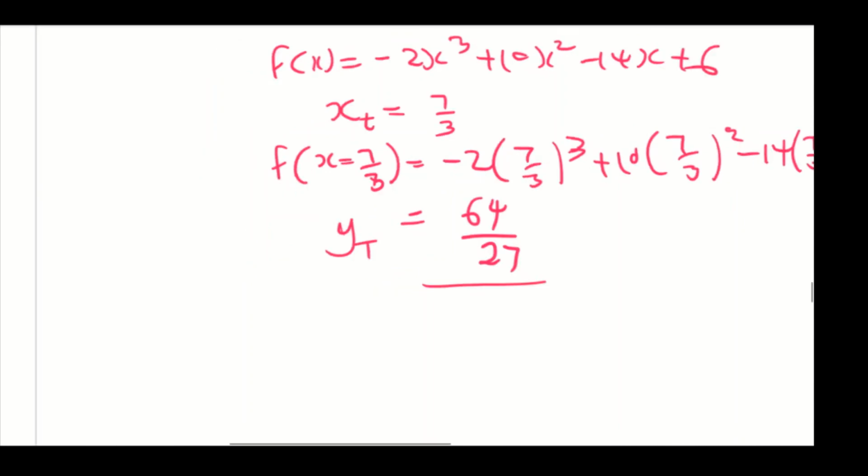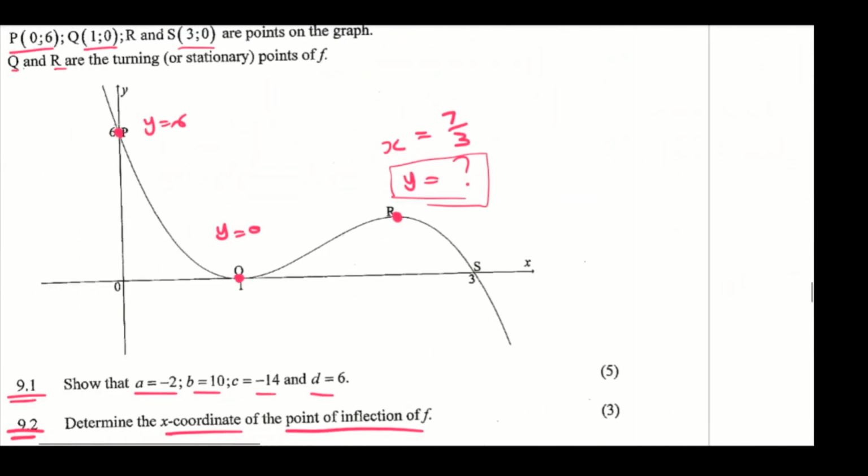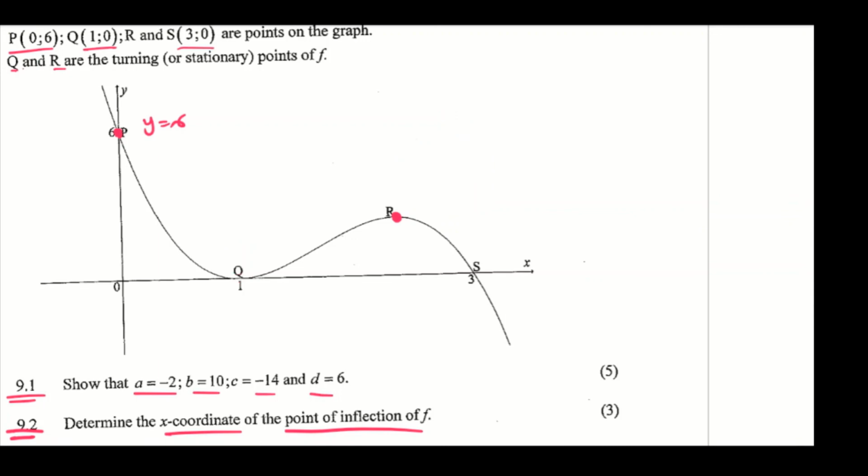So now when we go back to this portion here, I explained that we want the values of k such that the y values have 3 roots. So as I said here, the first root of y is equal to 6, the second root of y is equal to 0. Now we found the third root of y is equal to 64 over 27.